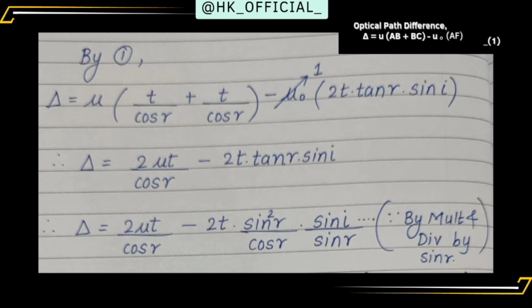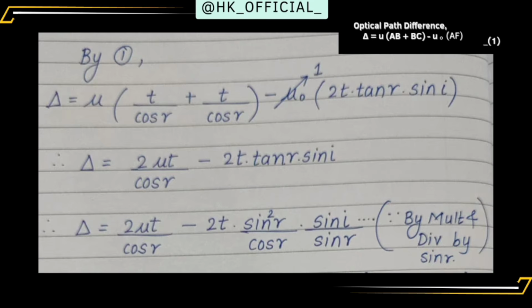Okay, till this step I hope you have understood. Now concentrate more. Delta is equal to 2 mu T upon cos R minus 2T tan R sin I. We all know tan theta is nothing but sin theta upon cos theta. Similarly, here tan R will be equal to sin R upon cos R. So substitute in the place of tan, we get sin R upon cos R, and sin I is as it is.